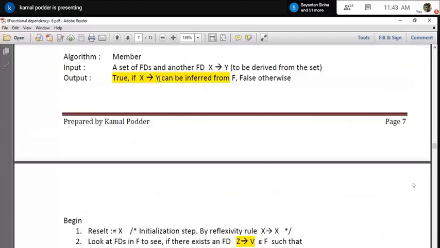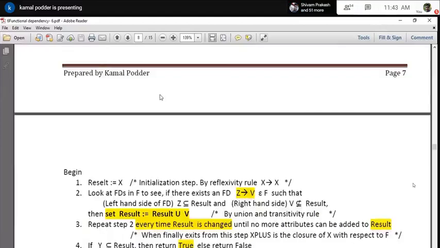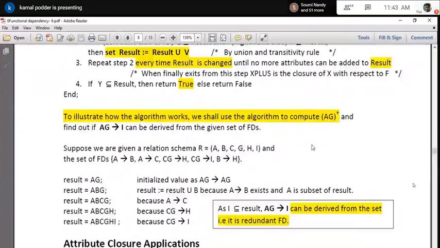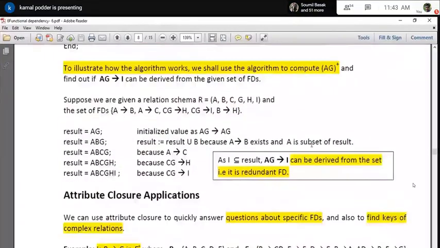As I have already told you earlier, if the closure of X contains Y, then I can say that this particular FD exists, or is inferred. So if you find out the result and check whether Y is already there or not, then you return true. That means this particular FD can be inferred from the set of FDs. And if it is not true, then it is false, and you can say that particular FD cannot be inferred.